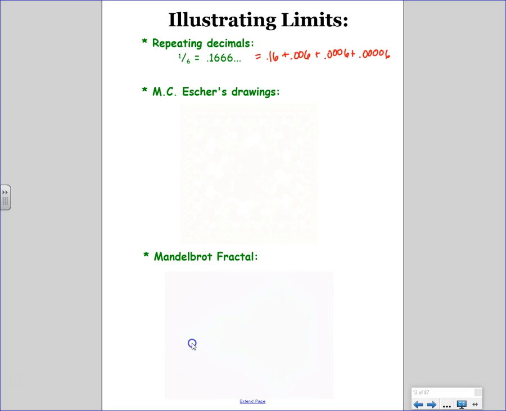Actually, a better way of doing this probably would have been 0.1 plus 0.06. There we go. We could have made this the infinite geometric series, but we wouldn't have stopped there because that technically wouldn't be the entire value 1/6. You would need to keep going forever, the repeating decimal.